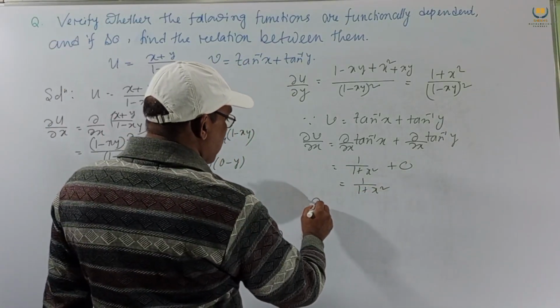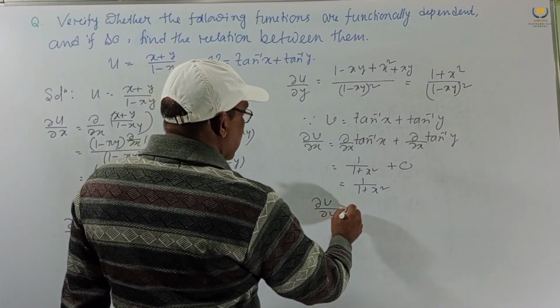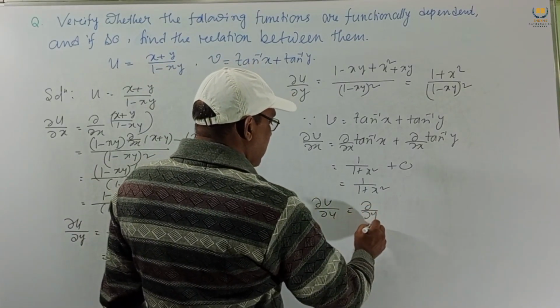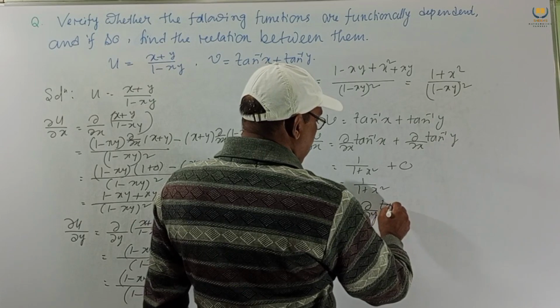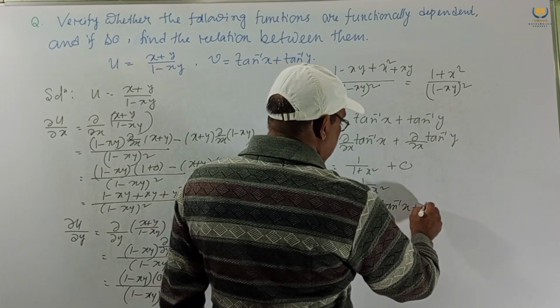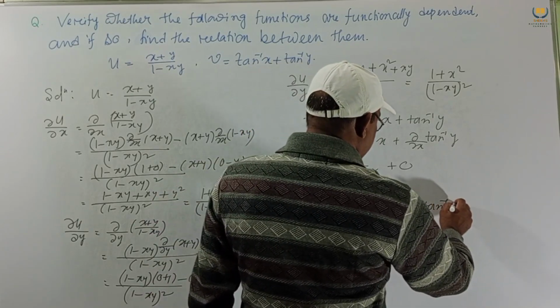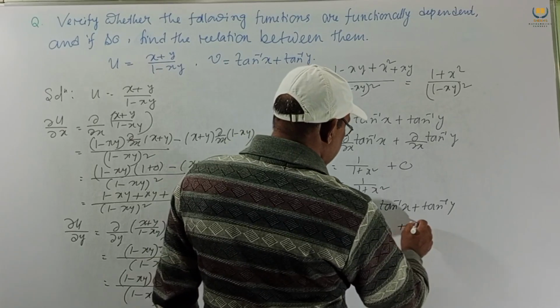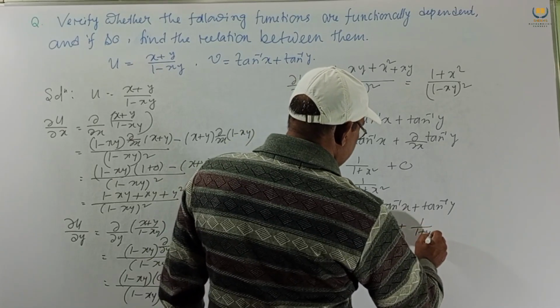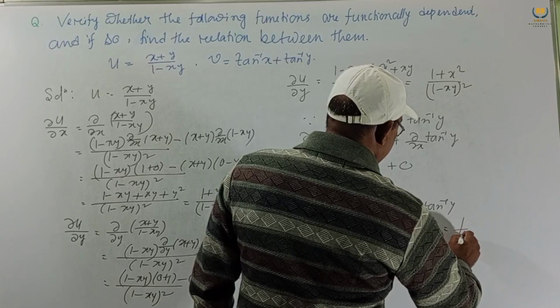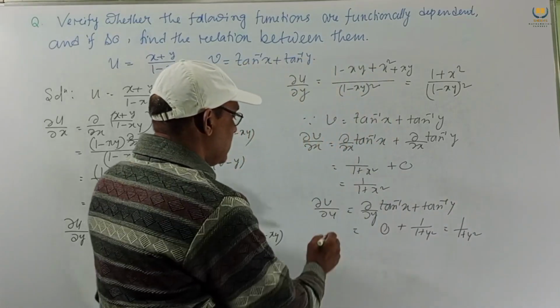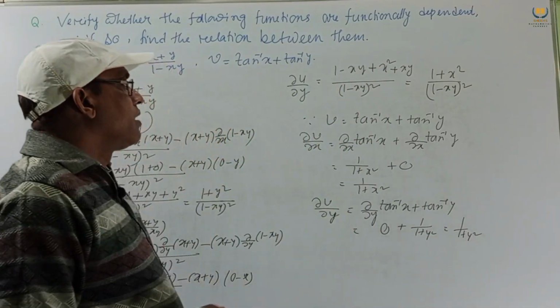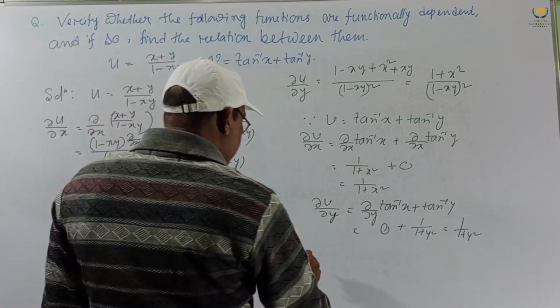Next del v del y, del y of tan inverse x plus tan inverse y, 0 plus 1 by 1 plus y square, this is 1 by 1 plus y square.